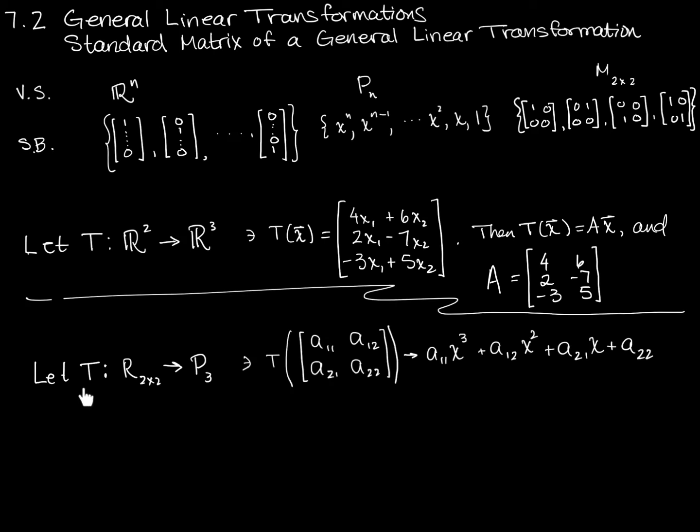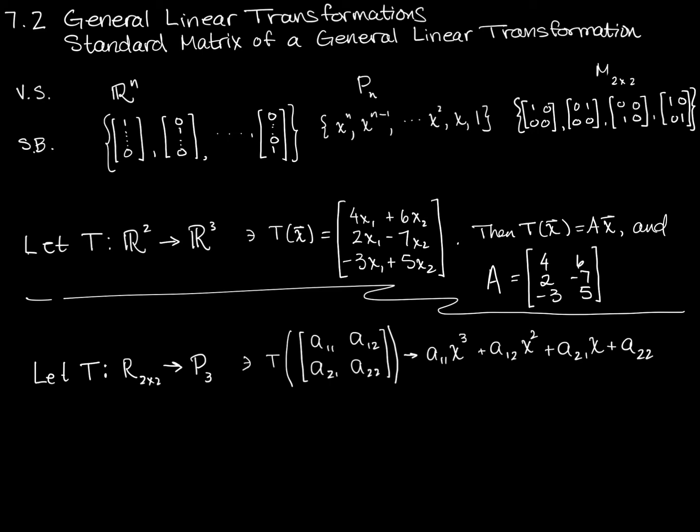The transformation takes stuff in this space, 2 by 2 matrices, like this right here, that's my input, and transforms it so that it ends up in polynomials of degree 3 or less. And the way that it does that in this particular transformation is it takes the value a11 from this position and makes that the coefficient of the x cubed term. a12 is the coefficient of the x squared term. a21 is the coefficient of x, and a22 is the constant.